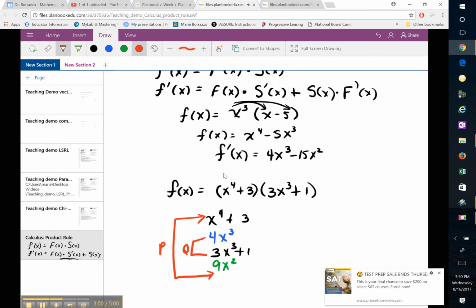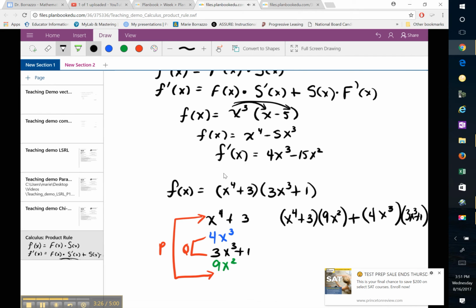So I'm going to start with the x to the fourth plus 3, just as the formula states, times the derivative of the second term, which is 9x squared, plus, and now I'm going to take these two inner values. This is the derivative of the function, and this is the original 3x cubed plus 1.